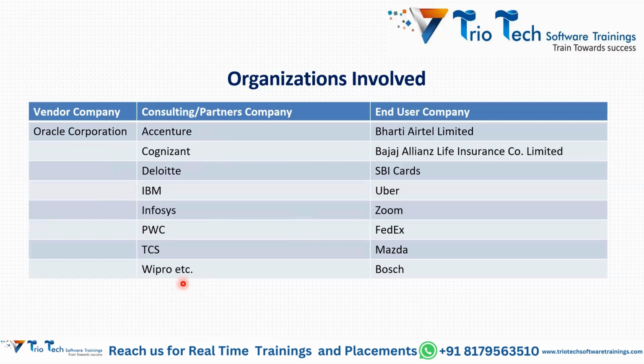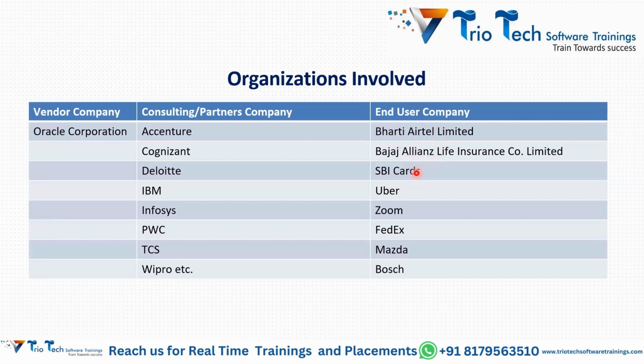For implementation and providing support to various projects, opportunities are released from time to time by these companies. Now, some examples of end user companies, where successful implementation has already been done and Oracle Fusion financials, including the financial suite, are being used. One example is Bharti Airtel Limited from the telecommunication sector. Then Bajaj Allianz Life Insurance Company from the insurance sector.